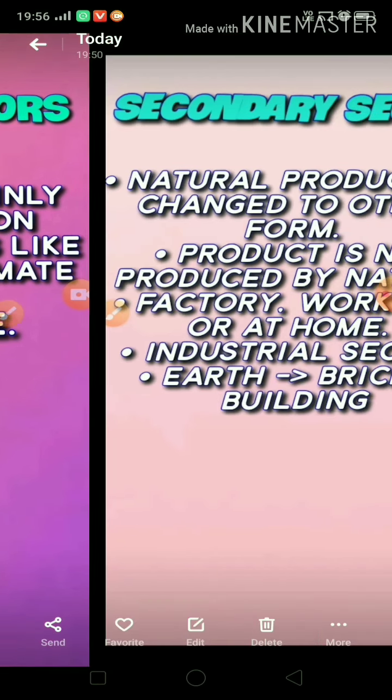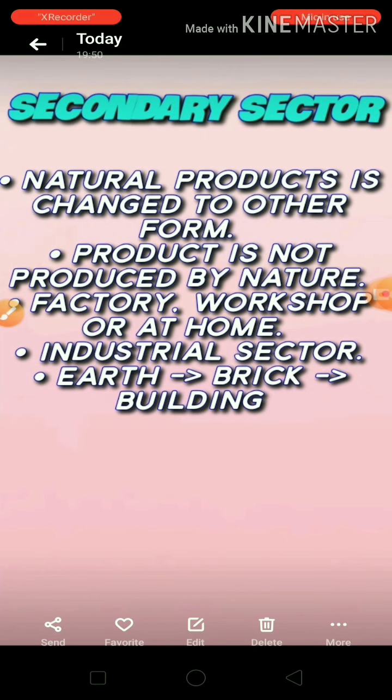The next is the secondary sector. Under the secondary sector, we are changing the form of the natural product that we have. It could be in industry, in factories. These could be either home-based industries or big industrial setups.